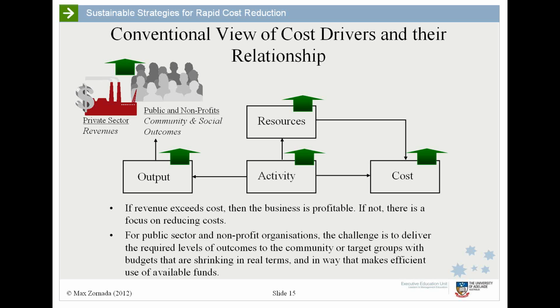Community expectations are greater in terms of what they expect from government, but in real terms, budgets are shrinking. Even though there may be more money in absolute terms, the population served and the range and scope of services that are demanded means that we're seeing real shrinkage. And so the challenge is to make efficient use of the available funds and to be perceived to be delivering adequate value.